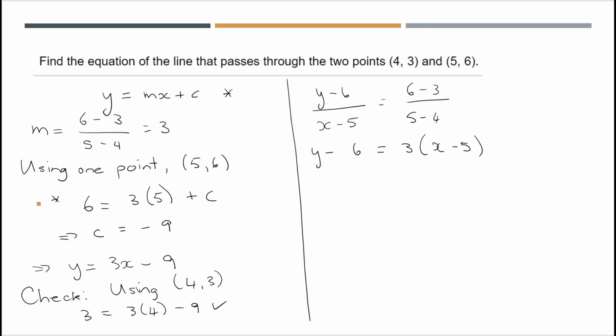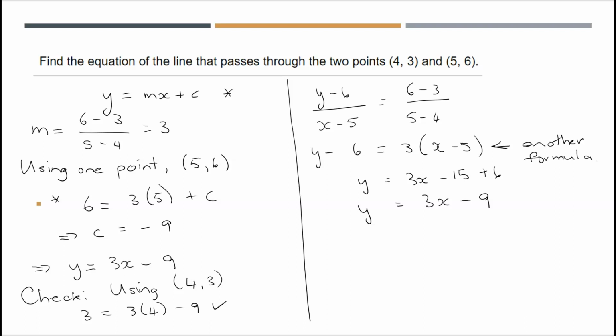And that works out as y is equal to 3x minus 15 plus 6, which is the same. And this is also another formula as well. So that's a third way of finding that equation when you're given 2 points.